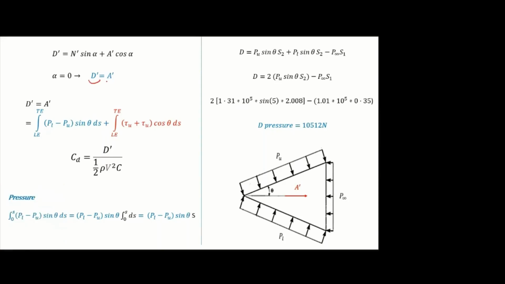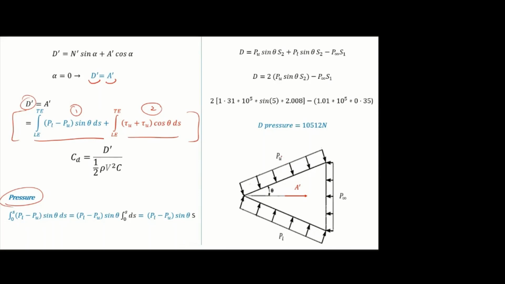So D dash is equal to A dash, and this is the A dash equation. It has two terms. The first one is due to the pressure, another one is due to the shear stress. First we will find the drag due to the pressure. Take the pressure component, and see this is the pressure distribution. The pressure is constant, so we need not go for the integration.